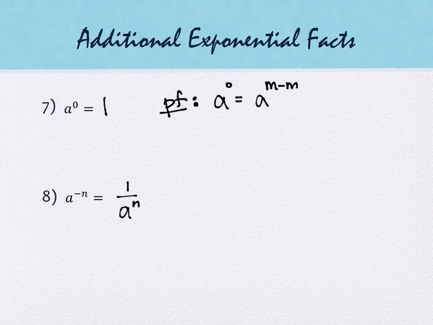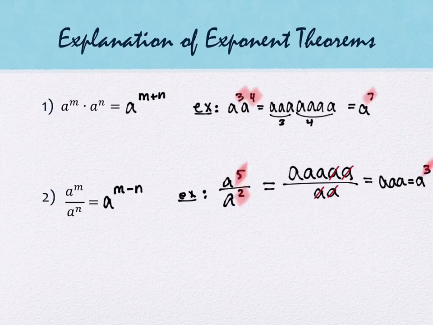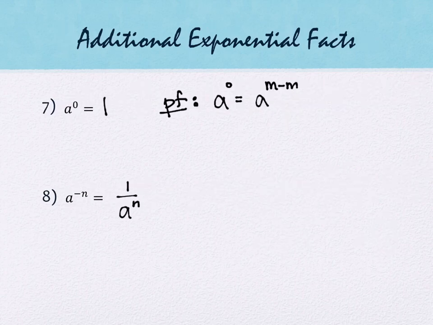But if we use property number 2 in reverse, and we go from the right-hand side over to the left-hand side, I can turn m minus m into that division kind of notation. So this is a to the m over a to the m. And what happens when you divide 2 identical quantities? It's 1.